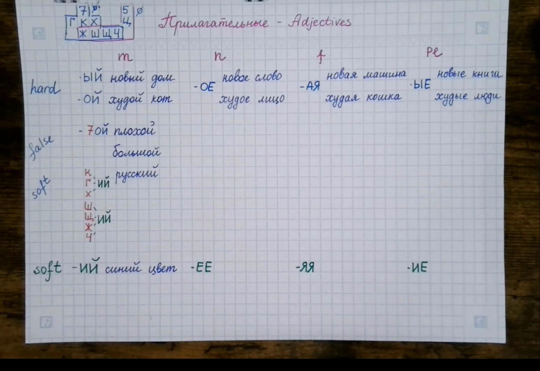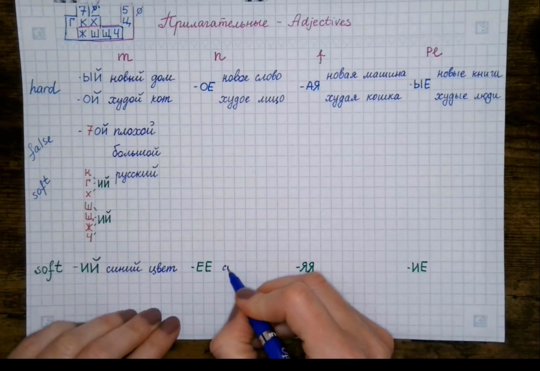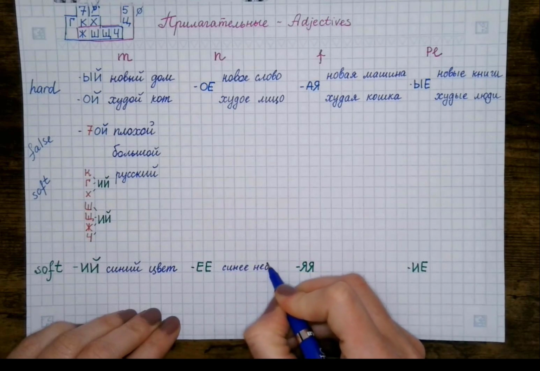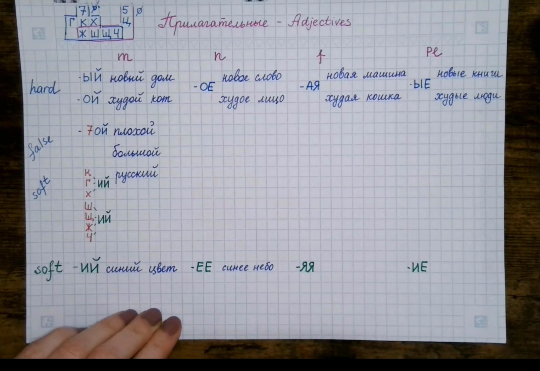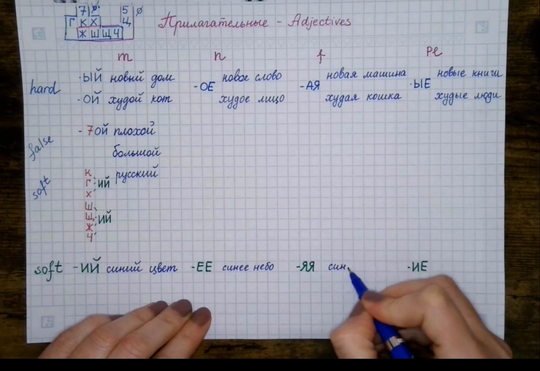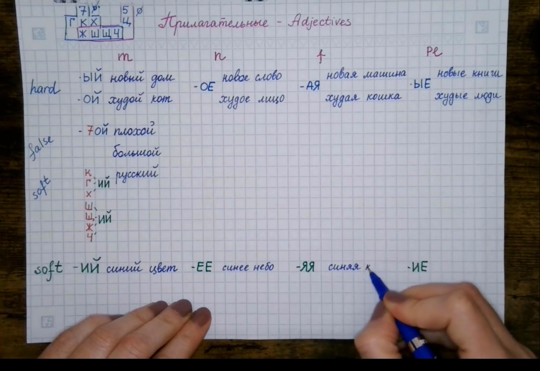Now let's do our regular soft. So синий цвет. And for neutral, we'll say синее небо. Blue sky. And for feminine, we'll say синяя куртка.